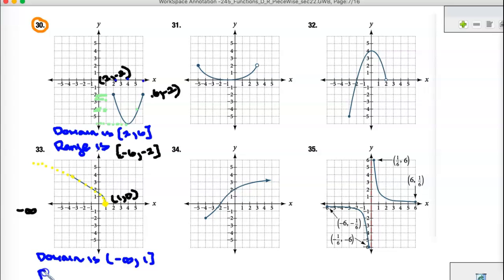However, the range is going to be different. The reason why is that the smallest value that y takes is 0. But if you trace these points back to the y-axis, those y values will be getting larger and larger.